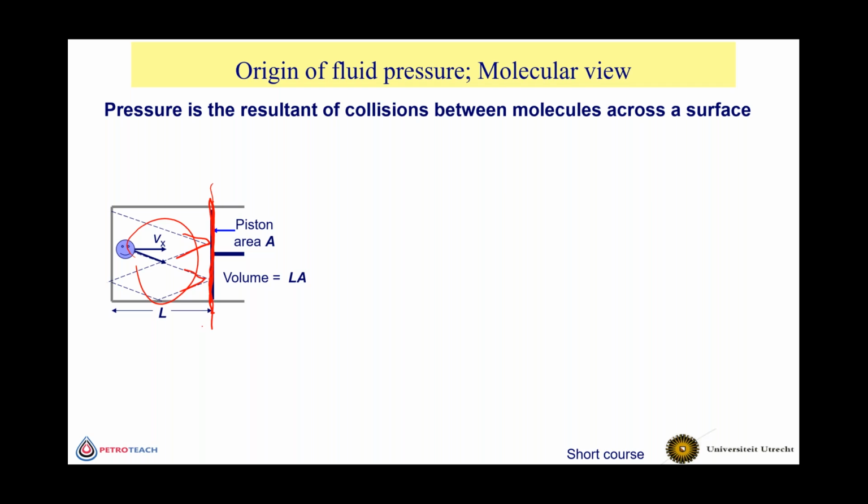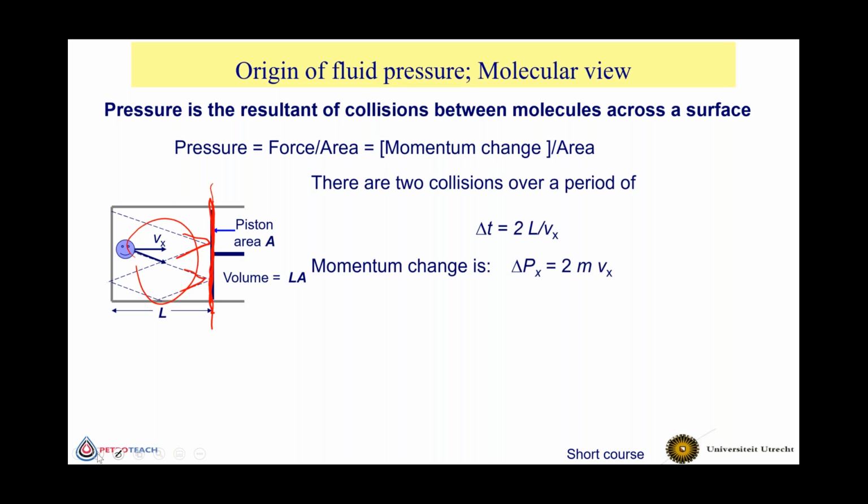And that is the pressure. I'm not going to go into details, but you can show here that the momentum exchange is the mass times the velocity. The velocity Vx, when it hits the piston, becomes 0, and then it goes in the other direction. So we have 2 times Vx as the velocity change times the mass, that's the momentum. If you sum all of this over the molecules that hit this piston, we get pressure.